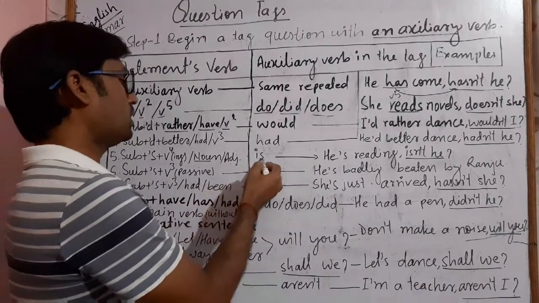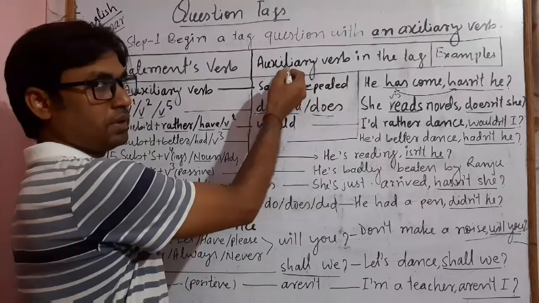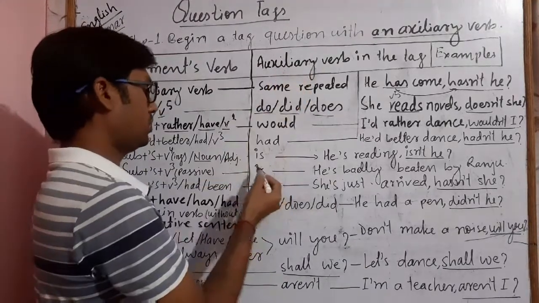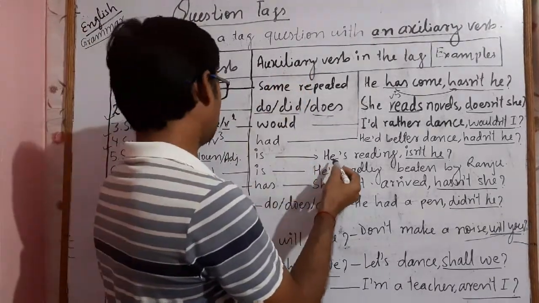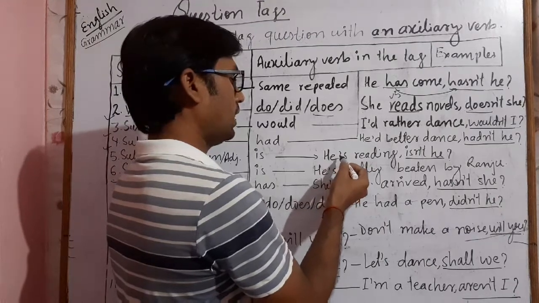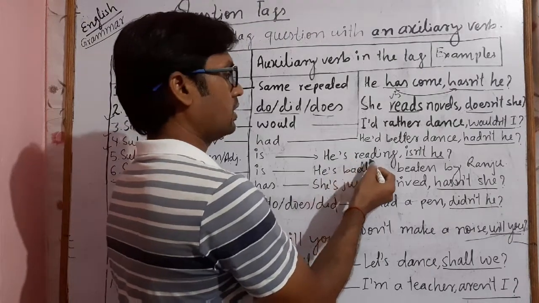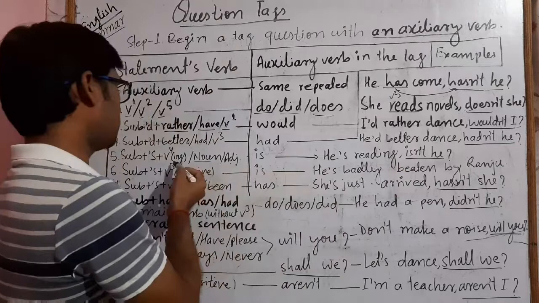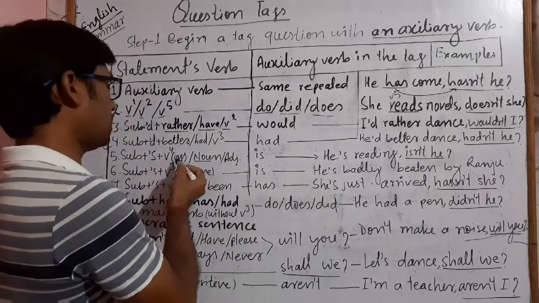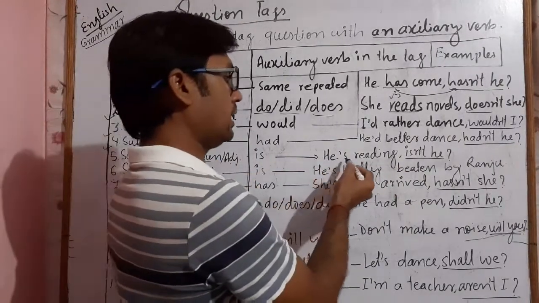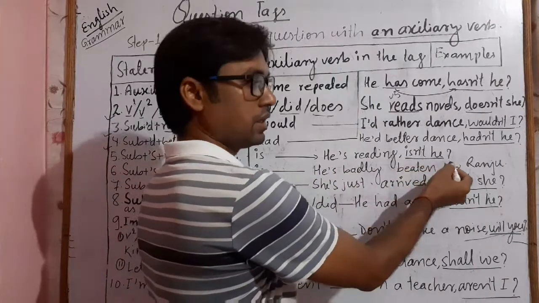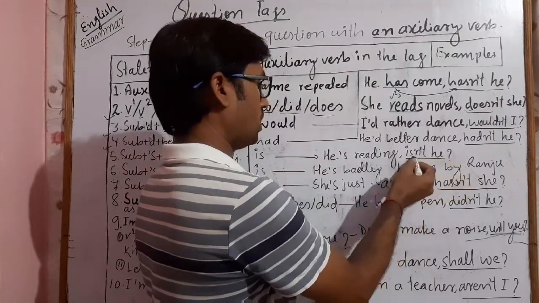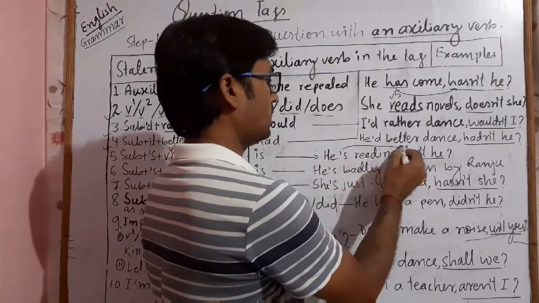You have to use is as the auxiliary verb in the question tag. Let's see with an example: he's reading, the ing form, apostrophe s plus ing form. He is reading, isn't he? The auxiliary verb we have used here is is.